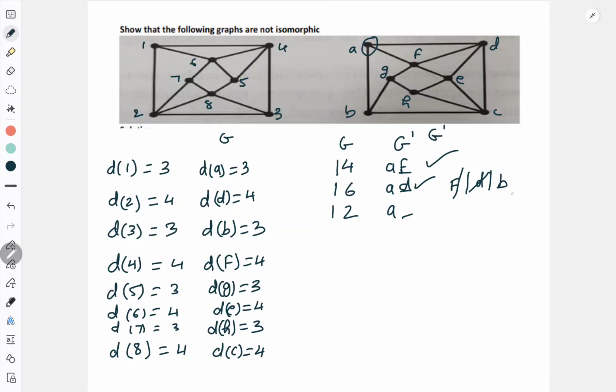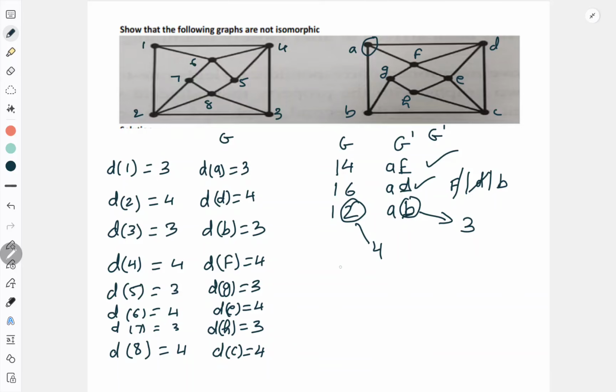Now what is the only option left with me? B. Now what is the degree of B? Degree of B is 3, and degree of 2 is 4. See, this is a problem. Adjacency is not preserved.